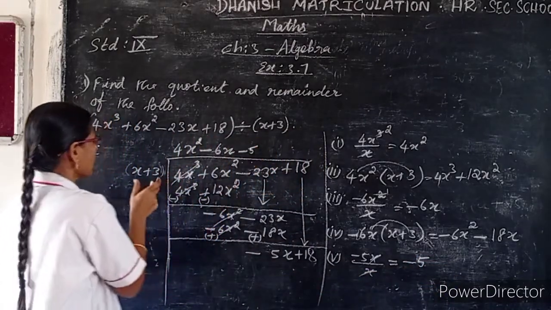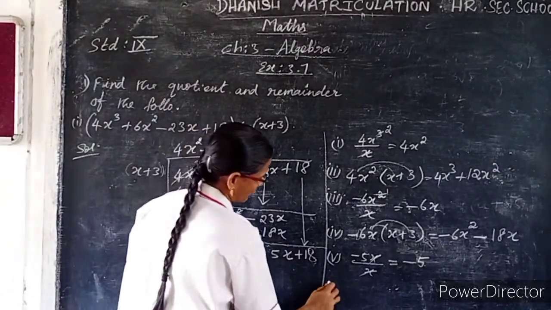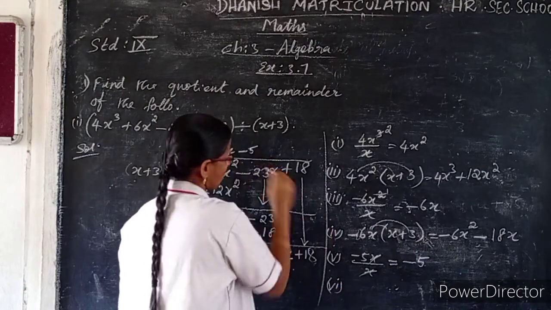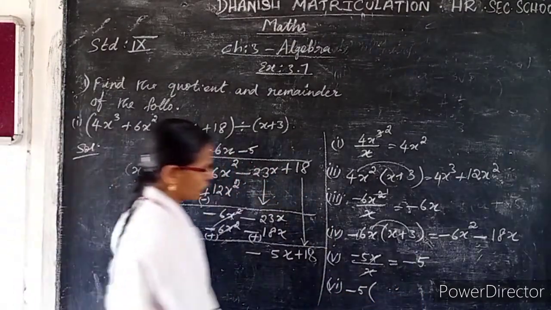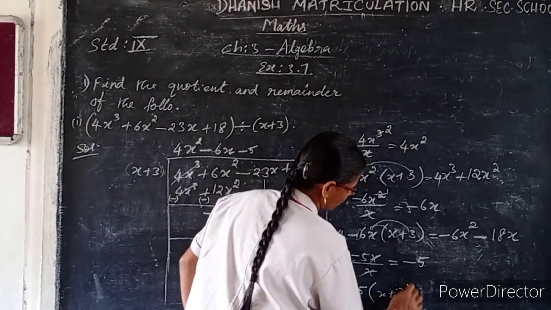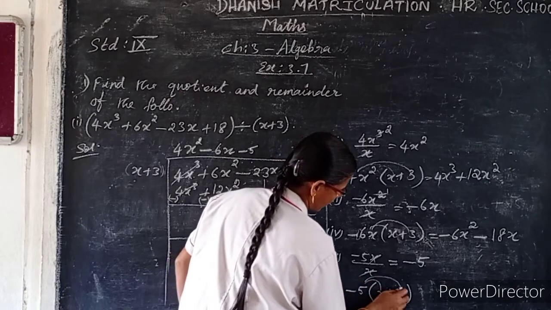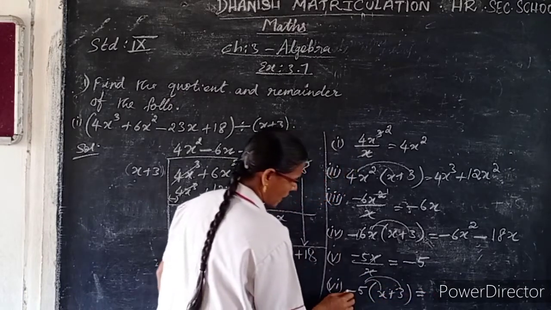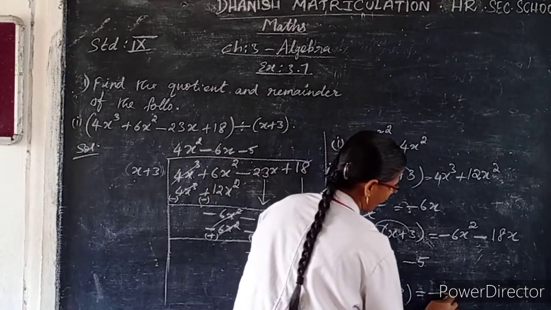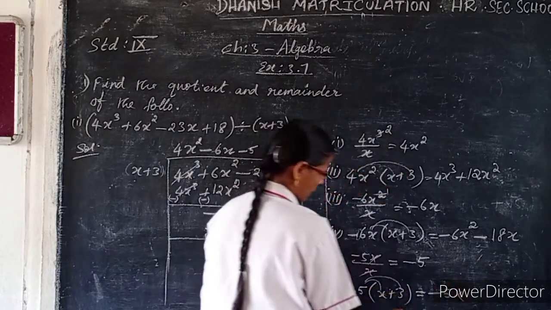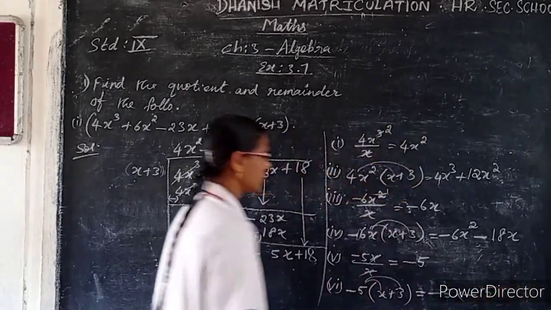Now multiply this divisor with minus 5. That is our sixth step. So minus 5 into divisor polynomial x plus 3. So now multiply 5 into x, 5 into 3. So minus 5x, minus 5 3s are 15.